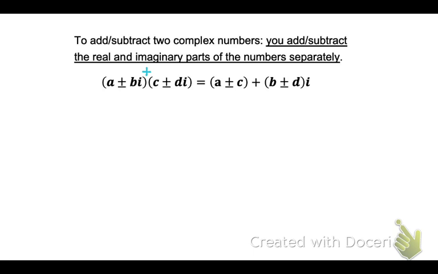Like terms. That's it. Combine like terms. So I have A plus or minus C. And why am I doing plus or minus? Because it doesn't matter if it's addition or subtraction. So I combine the real parts and I combine the imaginary parts. I combined like terms, correct? That's it.